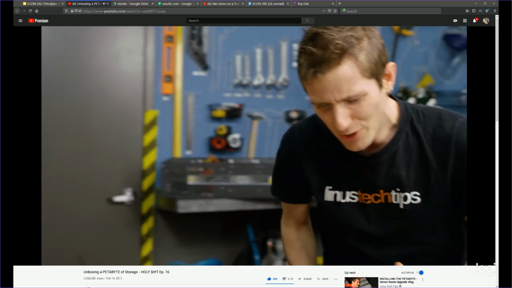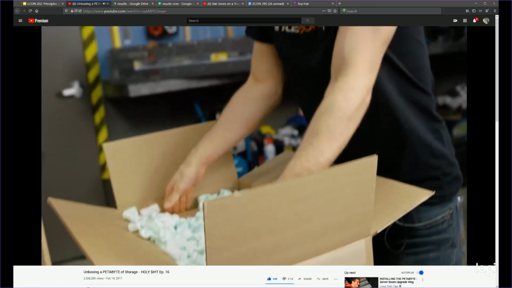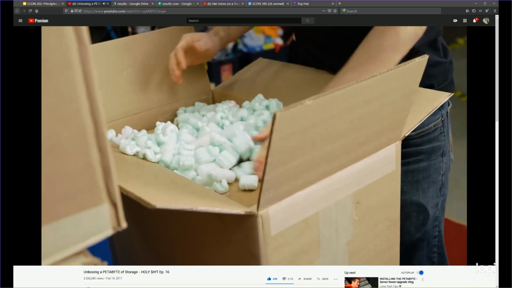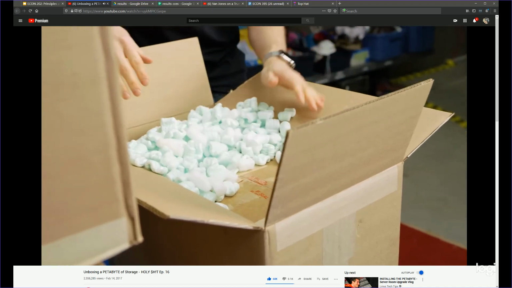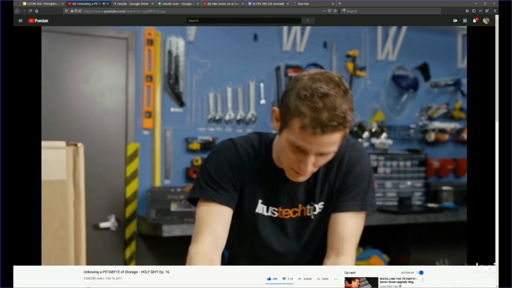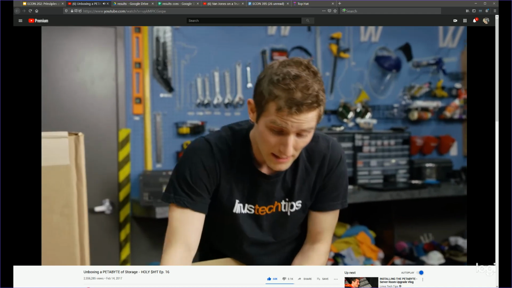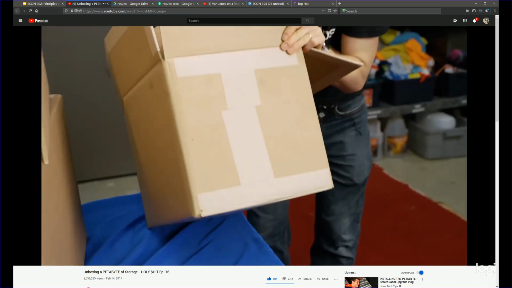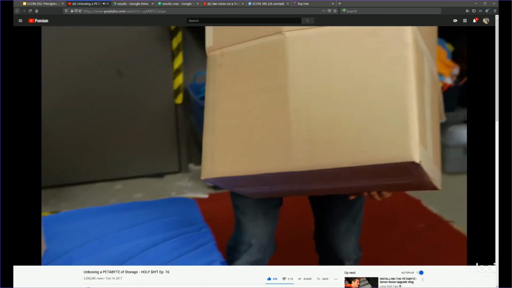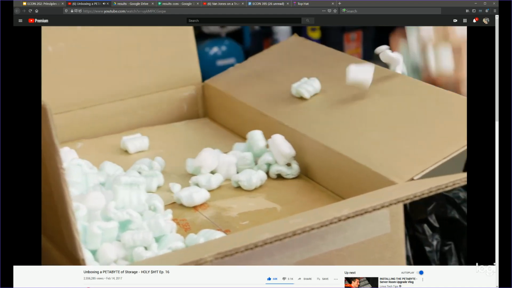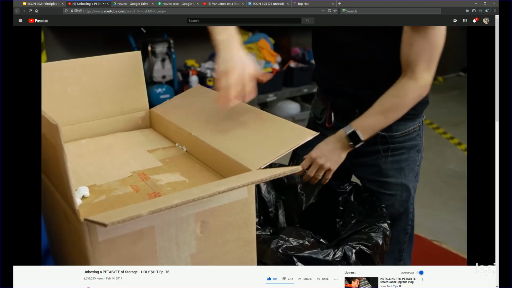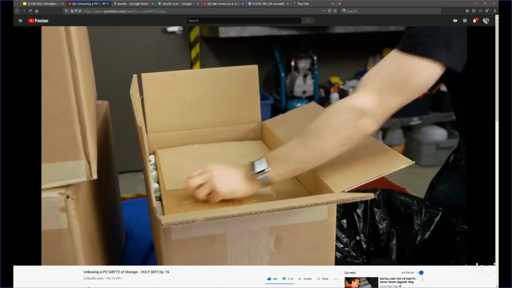So how do you transport 100 hard drives? I was actually legitimately curious myself because I've never had 100 hard drives delivered to me before. The answer is apparently via couriers that don't even need labels on the outsides of the boxes. These really don't seem like they're doing a lot. I mean, they sprinkled some peanuts on there. Good job.